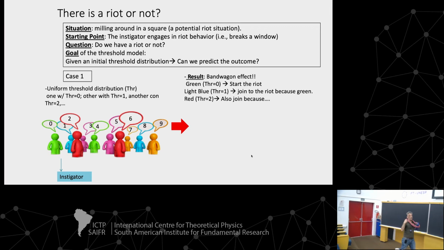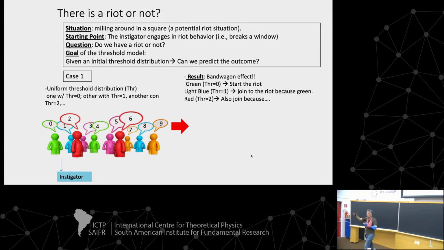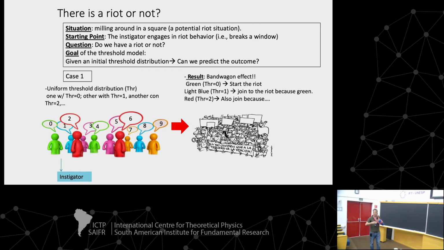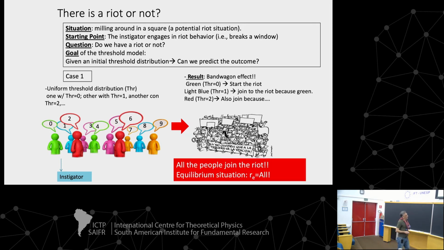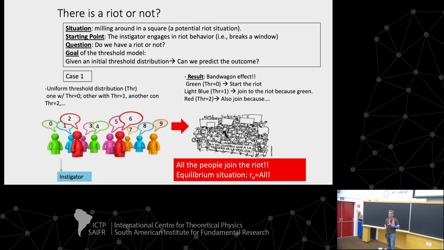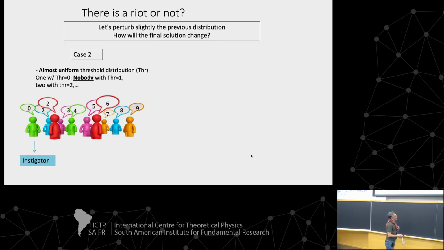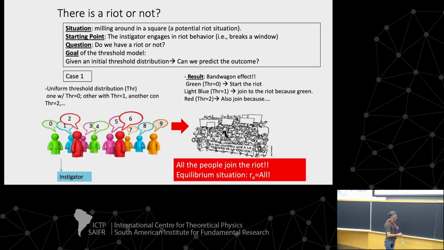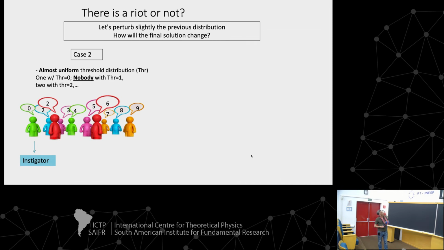There are 2 people, then the one with threshold 2 joins, and so on, and we have a manifestation. All the people join the riot, and the proportion of people in the riot is 1.